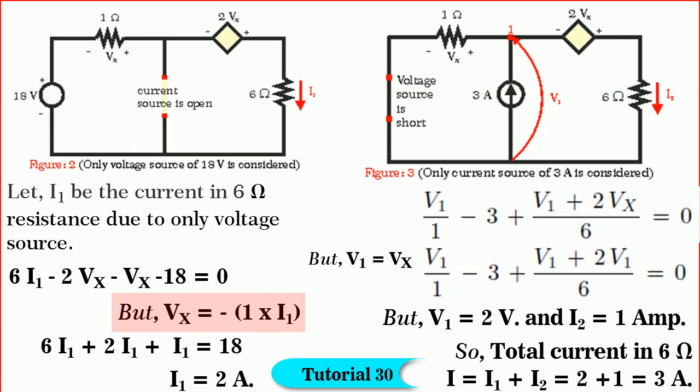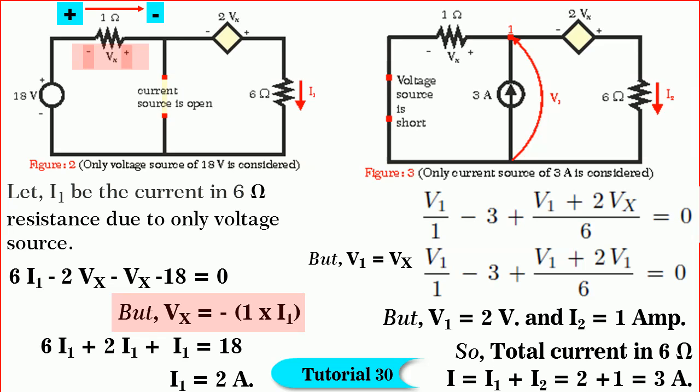Let me clarify why it is minus 1 into I1. See that the current flowing through the 1 ohm resistance is from left to right, but the polarity of Vx given is plus on the right side and minus on the left hand side. But we know that current in a passive element will flow from a higher potential point to a lower potential point.